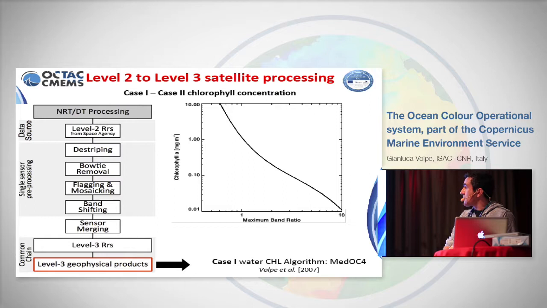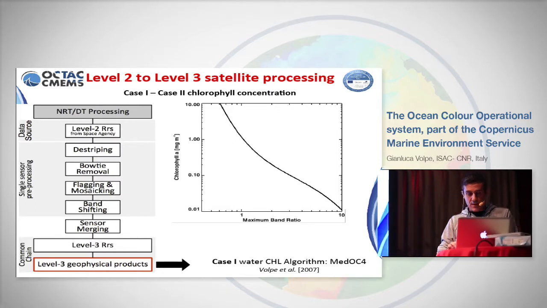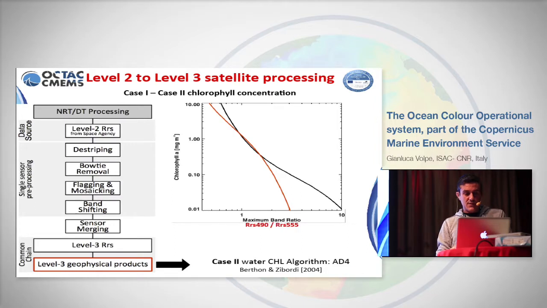And this is the algorithm functional form, which is for case 1 waters only. This other one is instead for case 2 waters, which is from Berthon and Zibordi, and the observations were taken in the Northern Adriatic Sea.